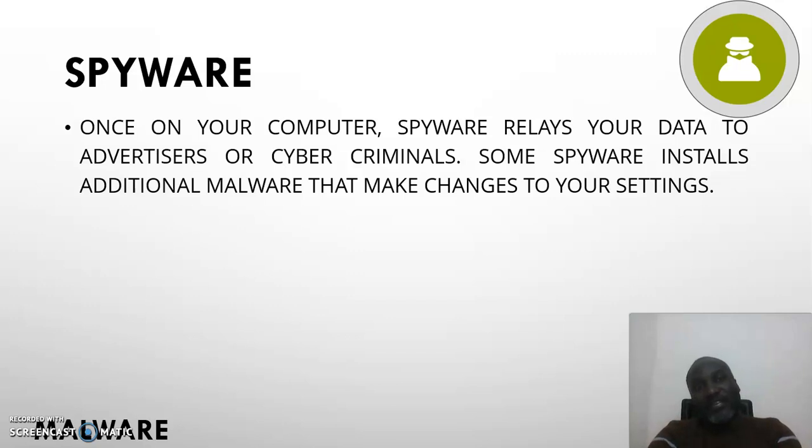Now, to catch spyware, the anti-malware uses a signature. We have to understand that every virus that is created will leave behind a signature. So once that signature is captured, and with behavior-based detection, it will also monitor the internet and filter the spyware.